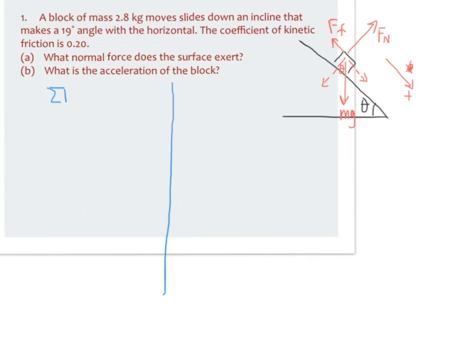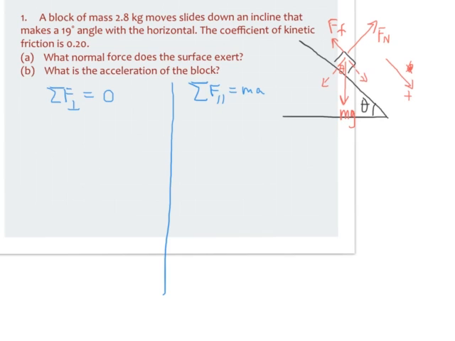In this direction, net force is equal to ma, but there is no acceleration, so we'll say that it equals 0. And then on the other side, the net force is equal to ma when we're looking at things along the parallel.